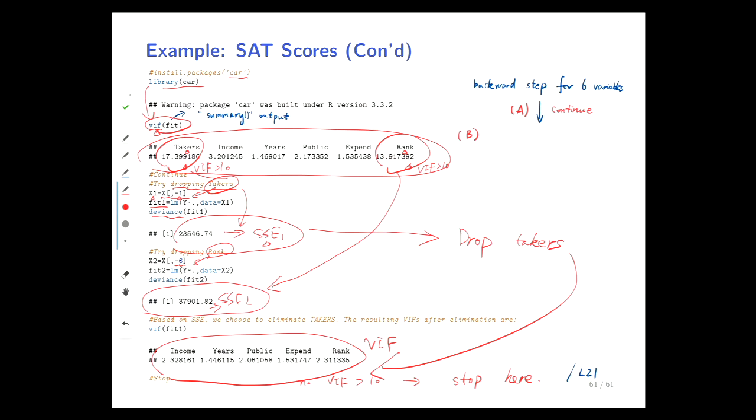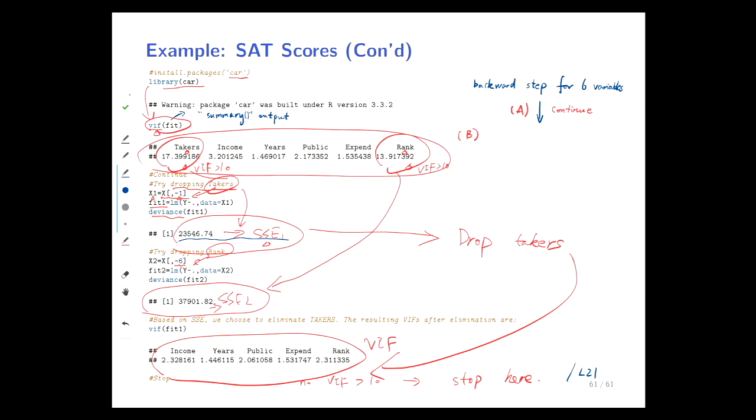So in order to determine which variable we should eliminate, we actually need to find the smaller sum of the squared error, because the smaller the sum of the squared error is, the better the fit of the model. So in this case, this is our smaller sum of the squared error.